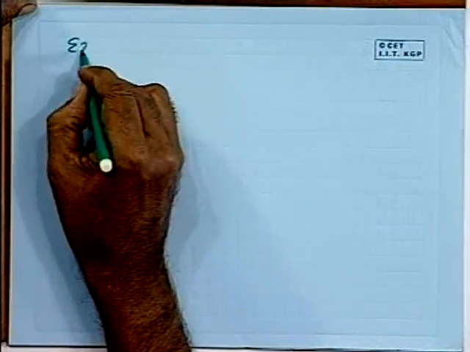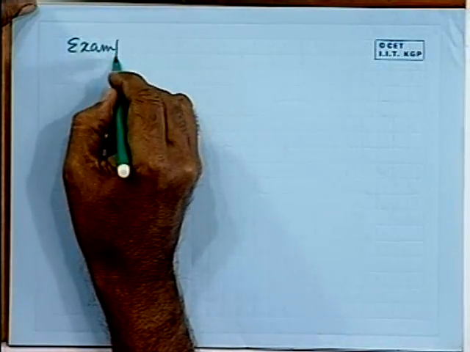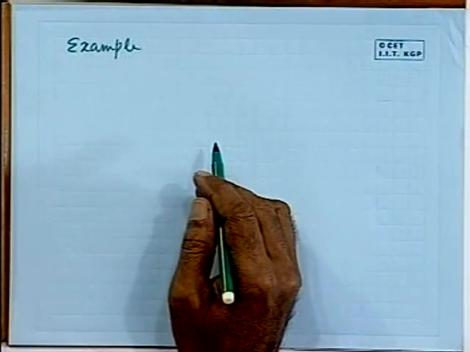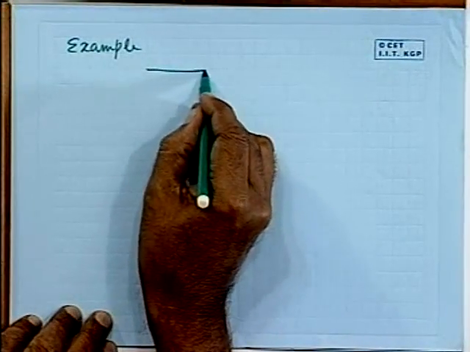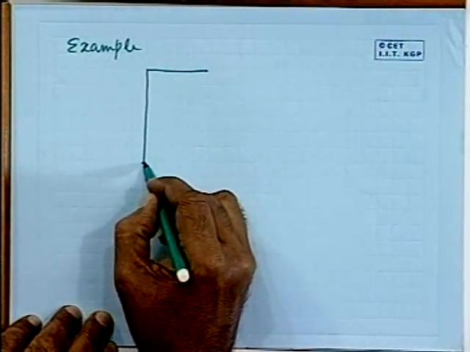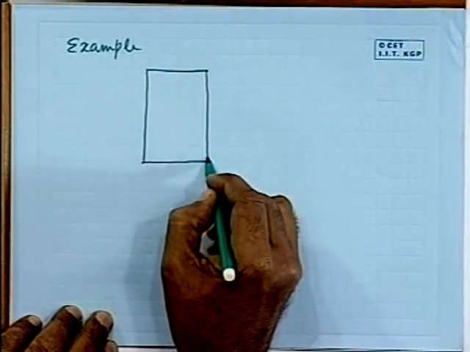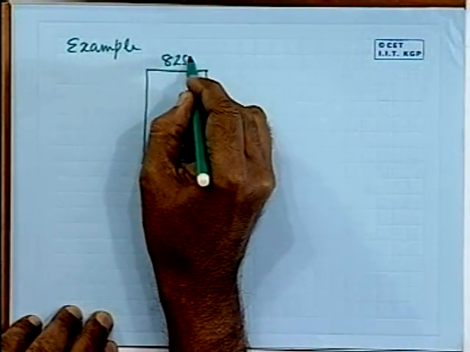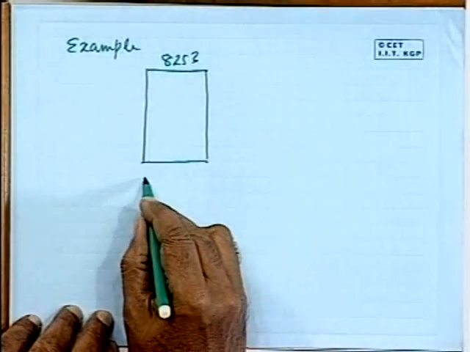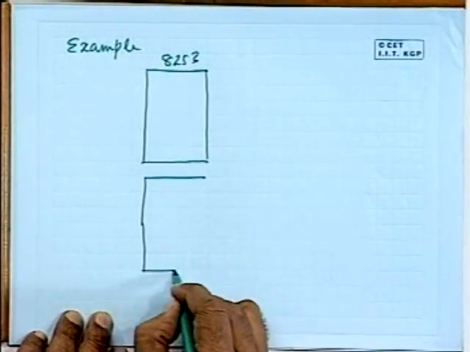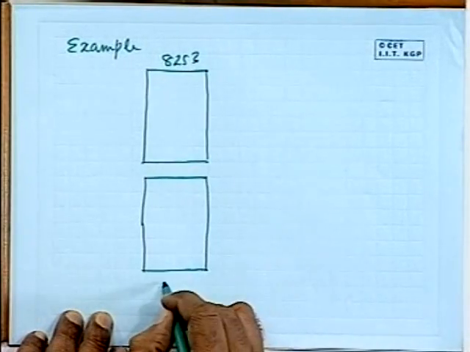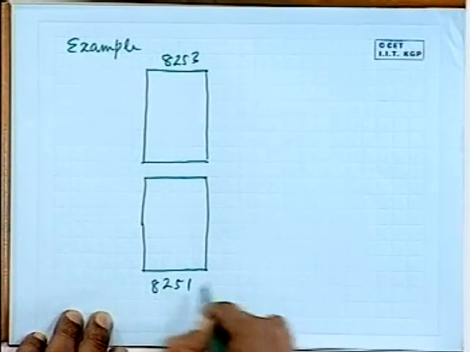Let me consider a practical example of the 8253. Let us consider that we have an 8253 in a particular application. This is the 8253, and you have an 8251 also connected to the system. This is the 8251.